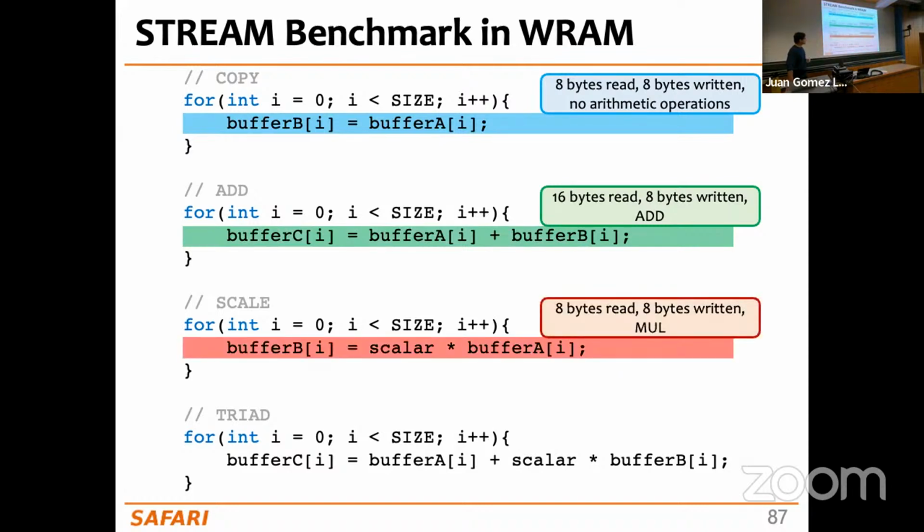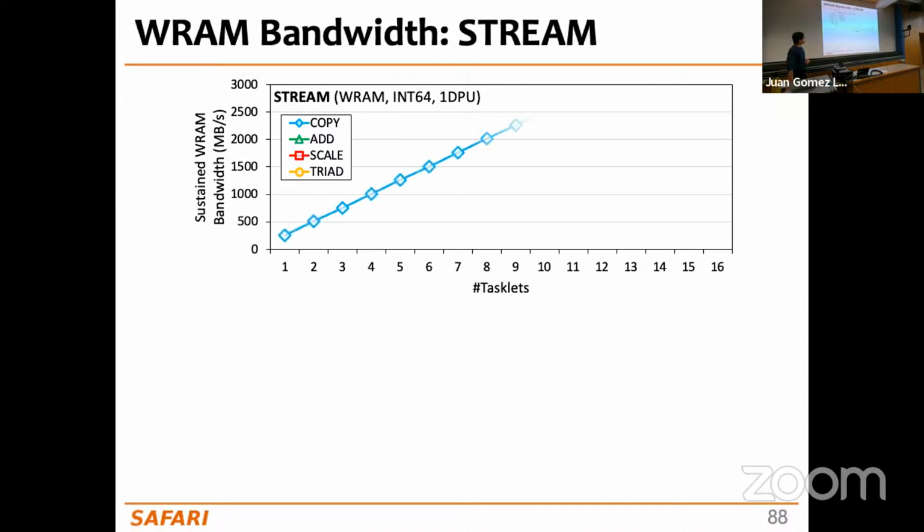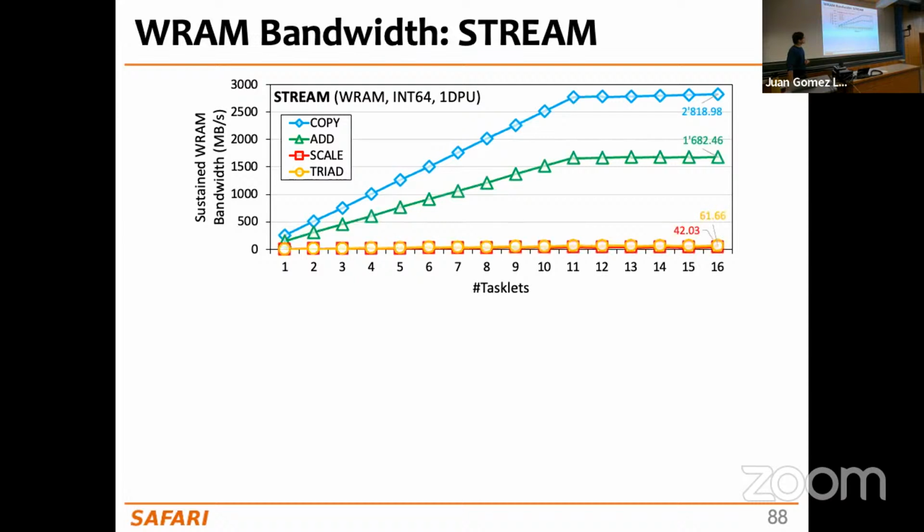These are similar numbers for scale, and this is for triad. So based on that, we can obtain the bandwidth for the different versions of Stream, as you see. And there is one first observation: the bandwidth also saturates at 11 tasklets, same as the arithmetic operations, right?